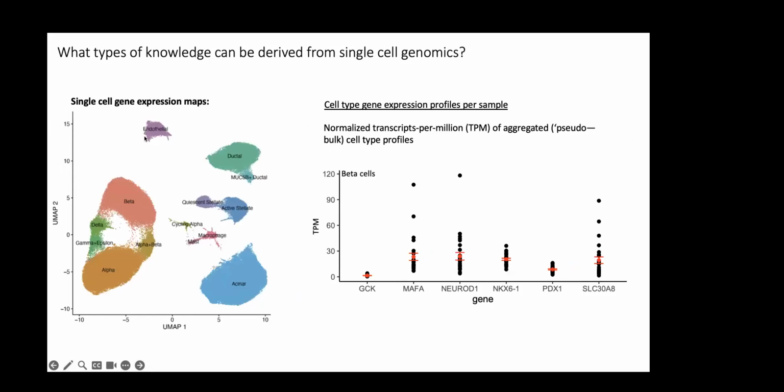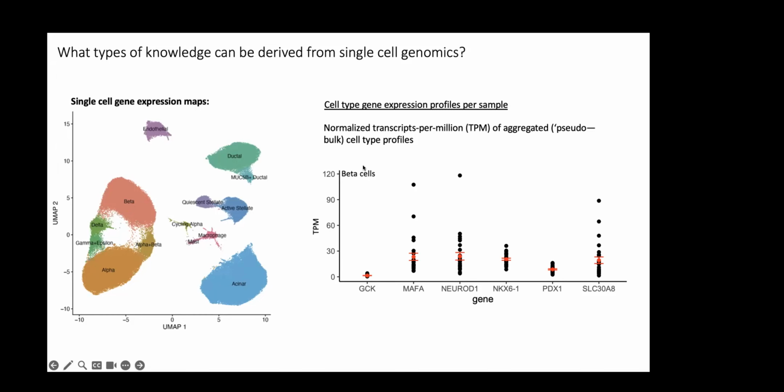Using this HPAP data as an example, we have definitions of every cell type. And then from these cell types, we can derive levels of expression of genes within the cell type.